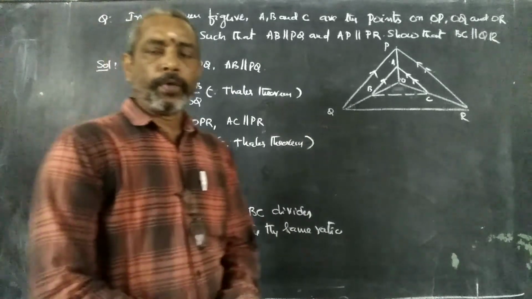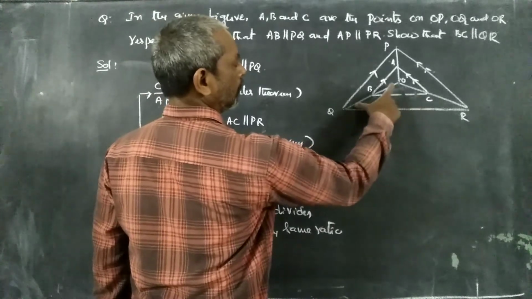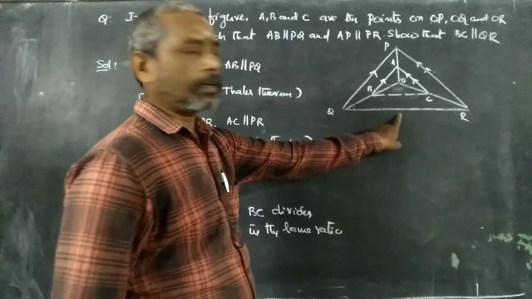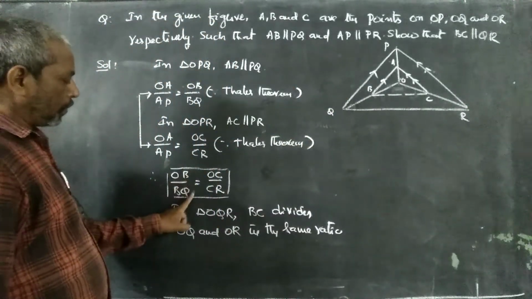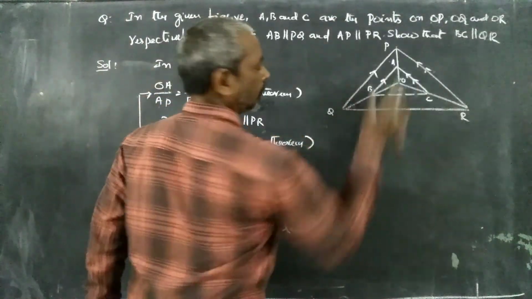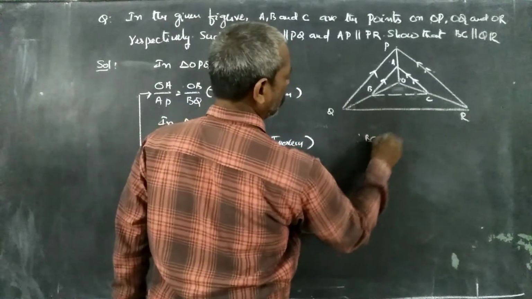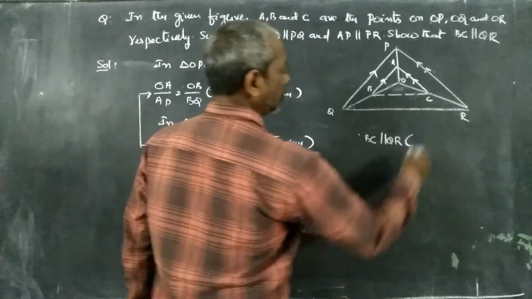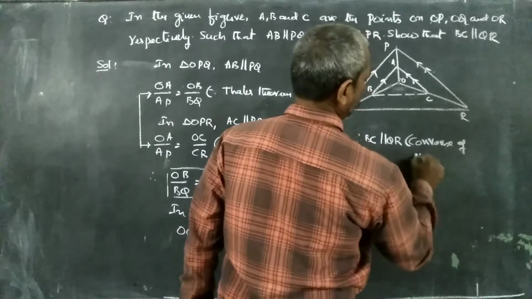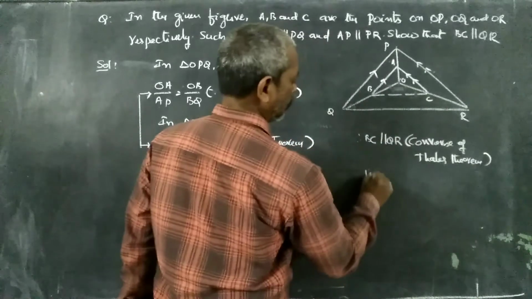That means we apply the converse of basic proportionality theorem, that is, if a line divides any two sides in the same ratio, then the line is parallel to the third side. So here OB by BQ is equal to OC by CR. Therefore, BC is parallel to QR, since converse of Thales theorem.